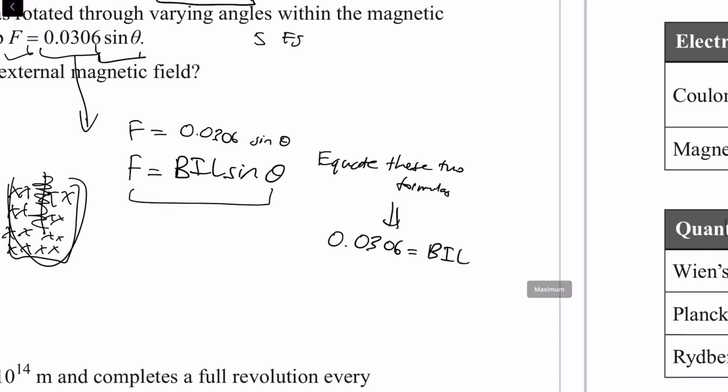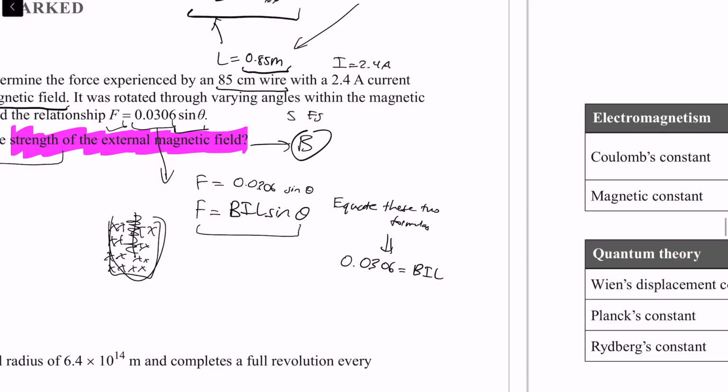Okay, and so we want to transpose this formula to make B on one side of the equation on its own. So I just divide by IL on both sides, so therefore B equals 0.0306 divided by IL, our current times length.